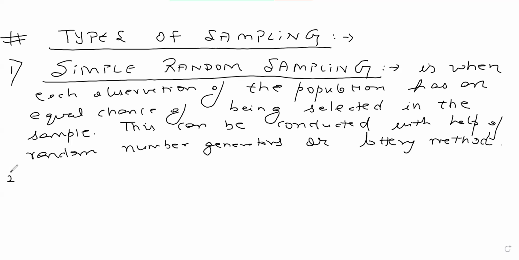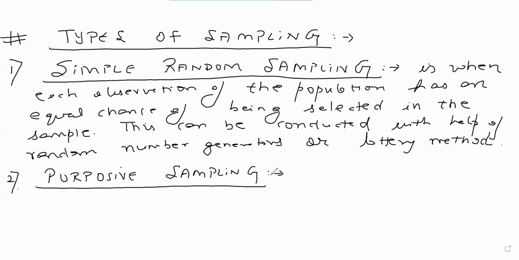Okay. Then we also have something called purposive sampling. I can say that purposive sampling is when sampling is done, so now there's a tinge of bias here.